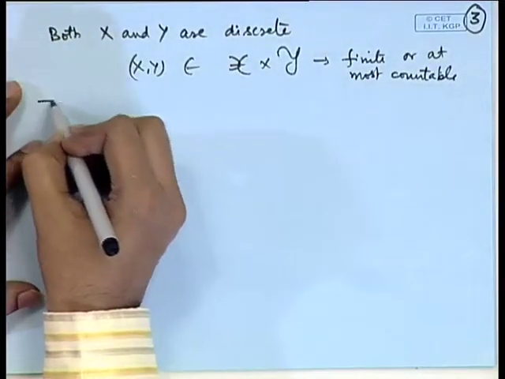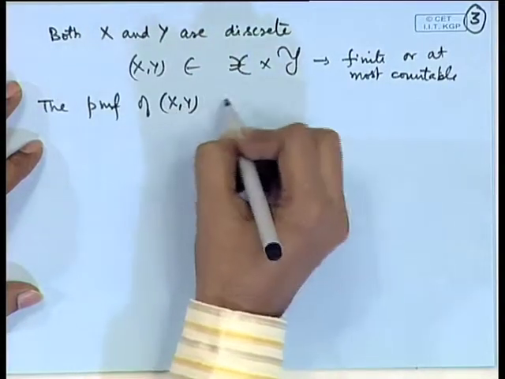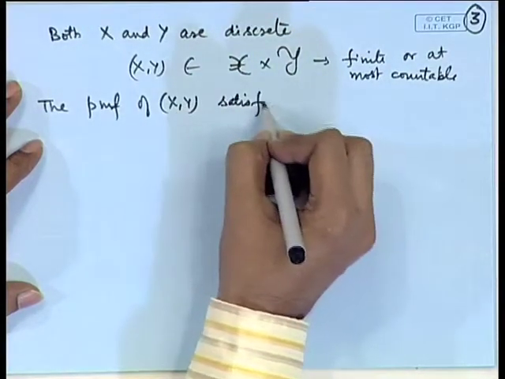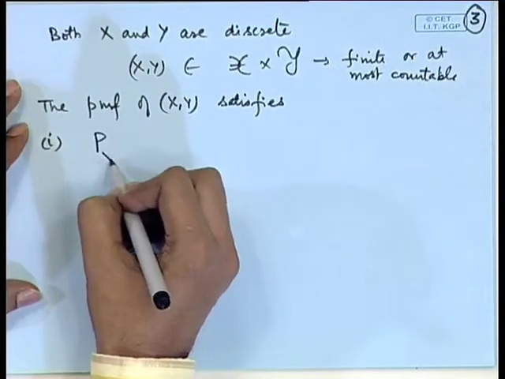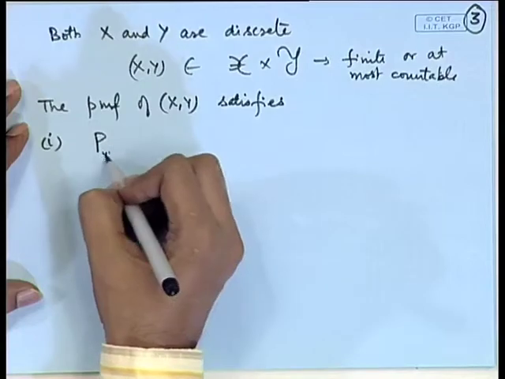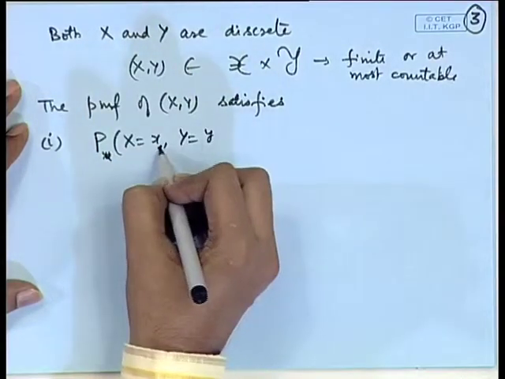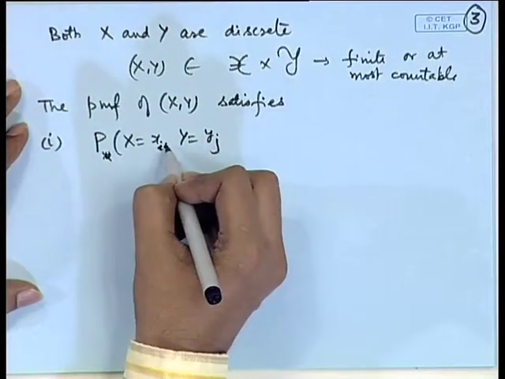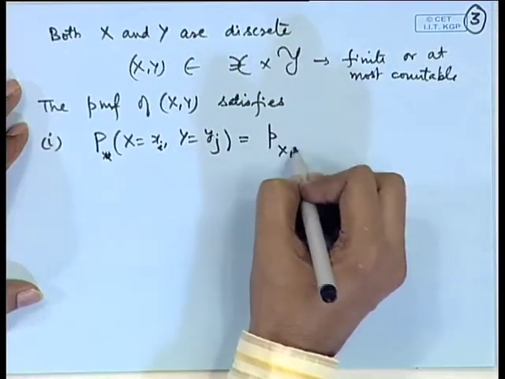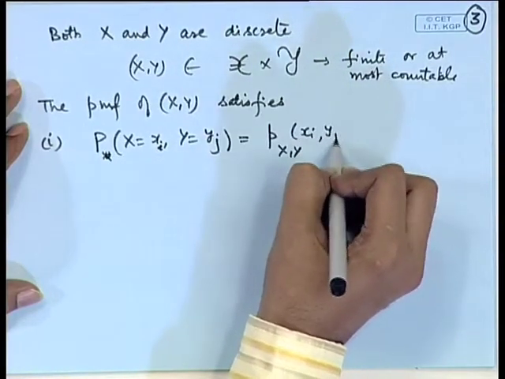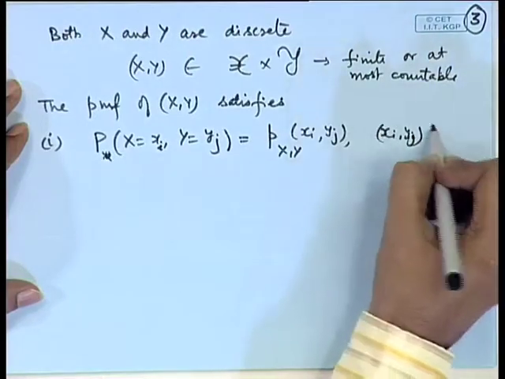In this case the probability mass function of x y will satisfy: p x y of x i, y j is probability x equal to x i, y equal to y j, because the values are at most countable, so we can enumerate them. This is p x y x i y j for all x i y j.